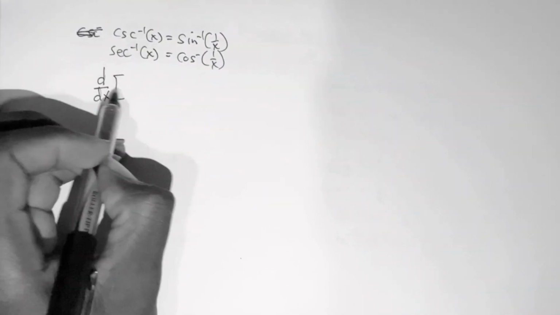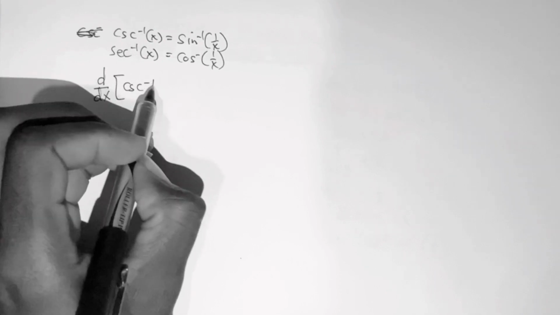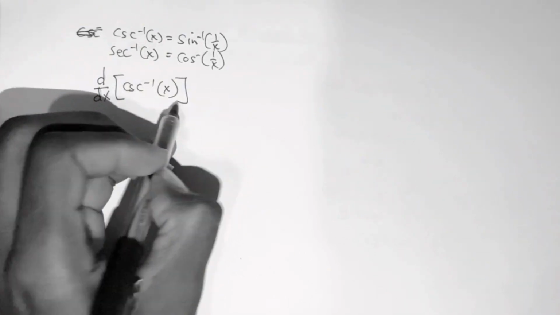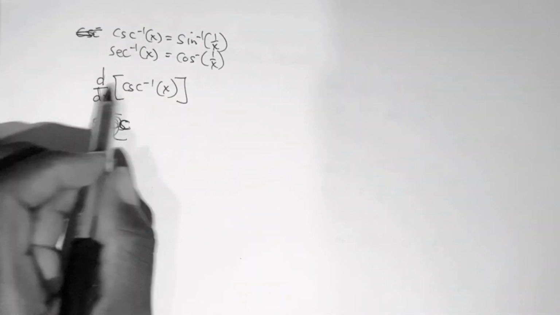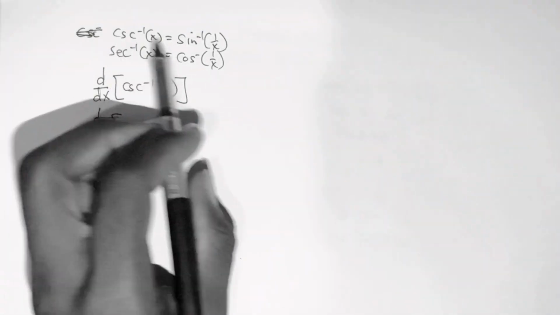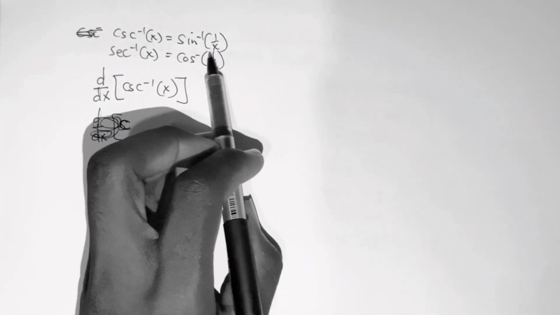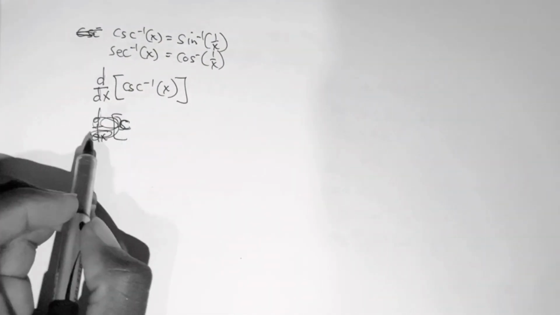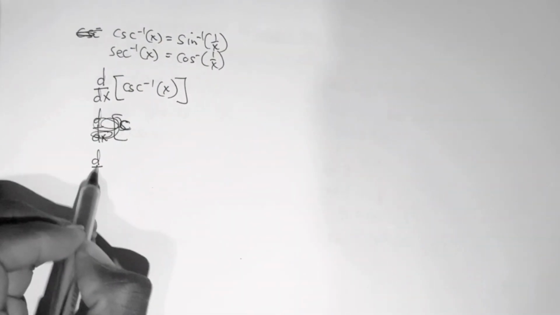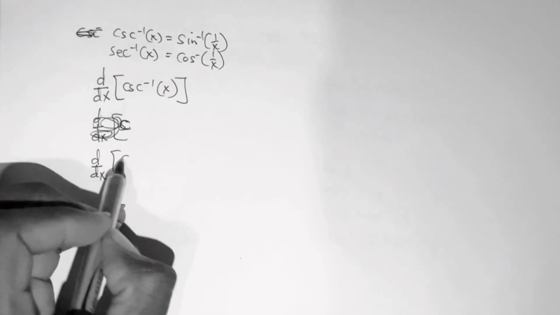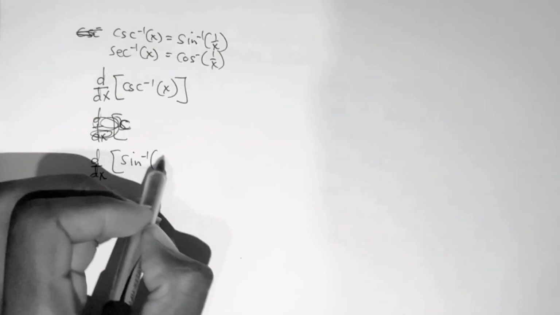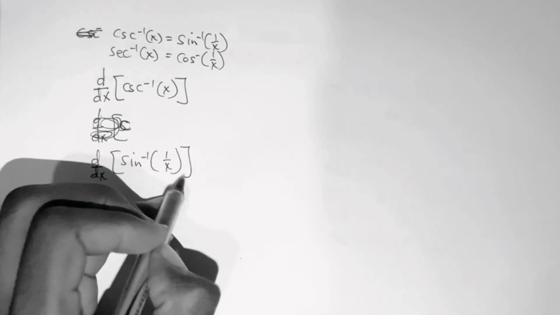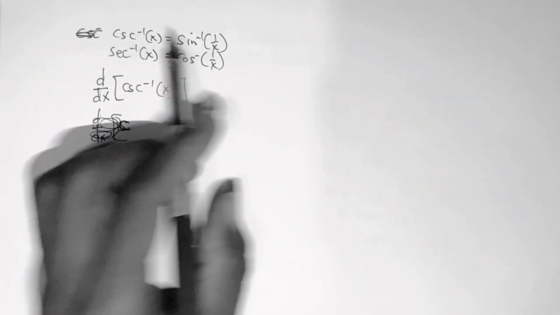How do we differentiate cosec inverse of x? We know that cosec inverse of x is equal to sine inverse of 1 over x. So d dx of cosec inverse of x is the same as d dx of sine inverse of 1 over x, because we have already established this relationship.